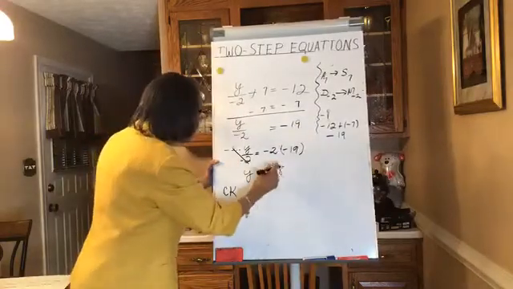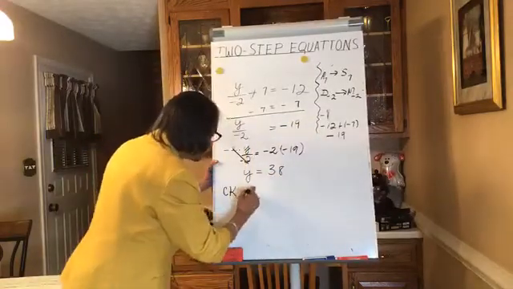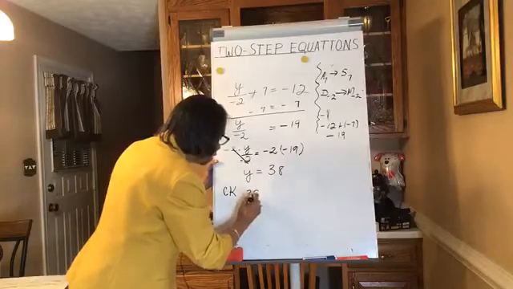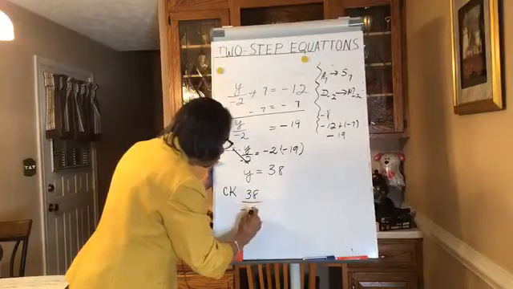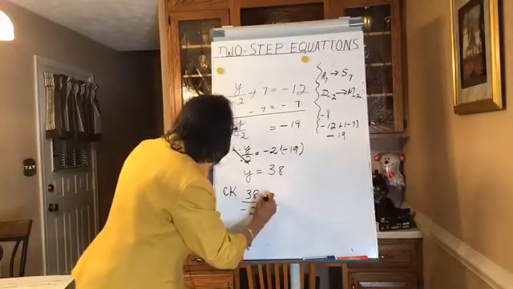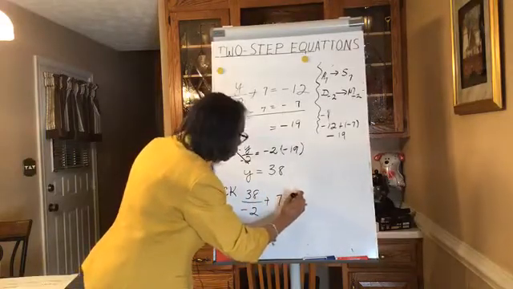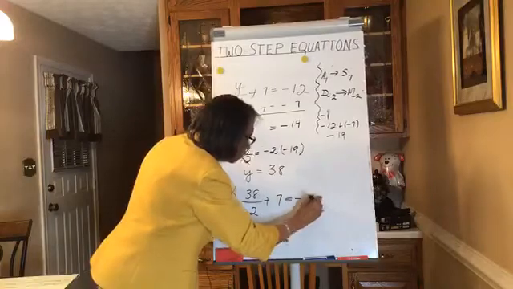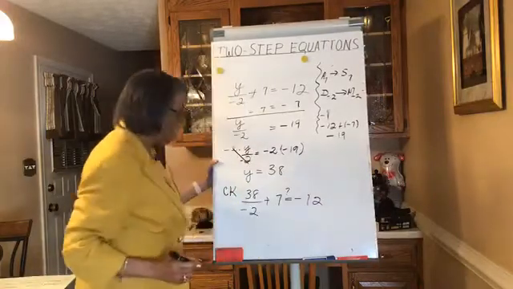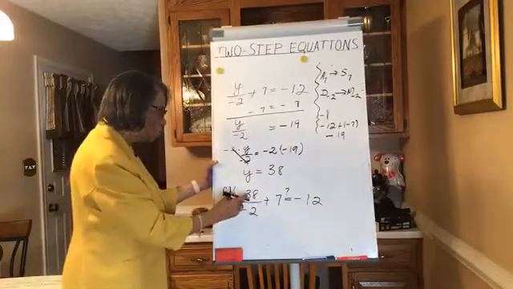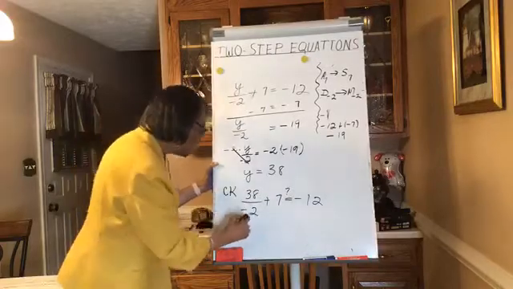Okay, for y, we're going to write 38 divided by negative 2 plus 7 equals negative 12. Right now, we're questioning that. All right, 2 will go into 38 19 times.